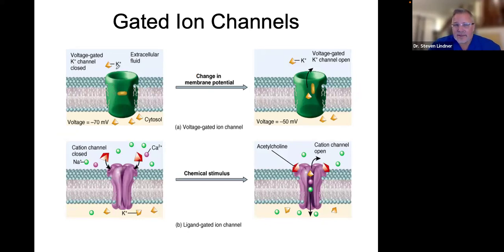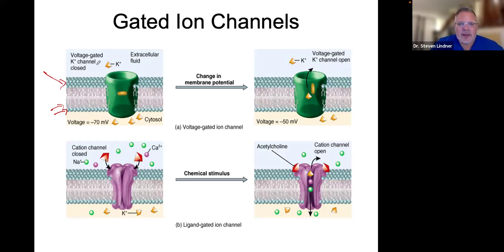So these are examples of different types of channels where what we're looking at here, this should look familiar as a phospholipid bilayer, right? This is the cell membrane where you've got your phosphate, your hydrophilic portion here, your other hydrophilic portion here, and the hydrophobic portion here, right? These are the phosphates, and then the lipids are on the insides.